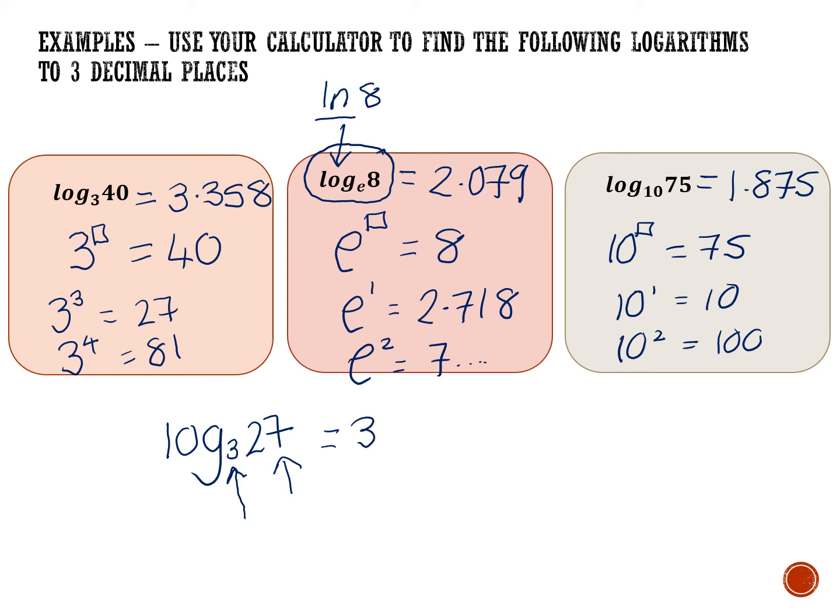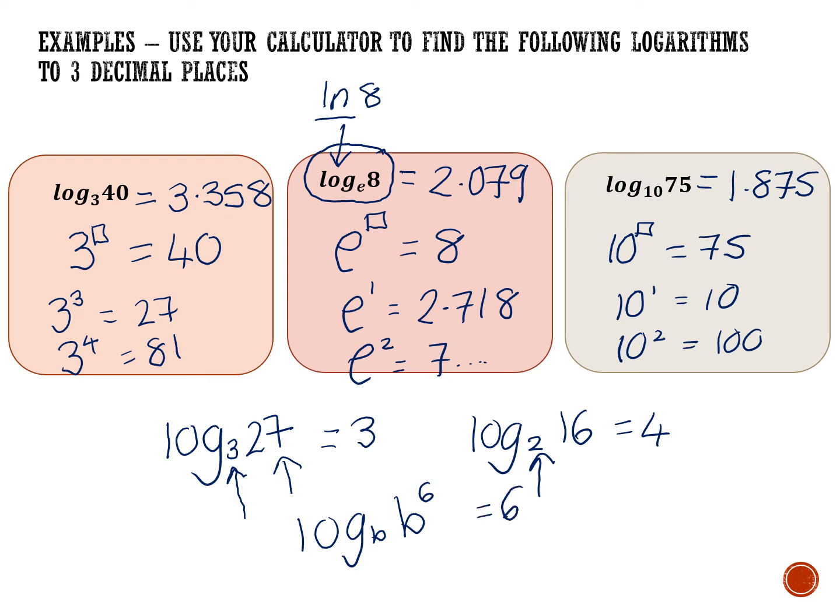Similarly, if I said log to the base 2 of 16, what power do I raise 2 to get 16? That answer is 4. And also something like log to the base b of b to the power 6, you should immediately be able to tell me that's 6, because you can't put something like that in your calculator.